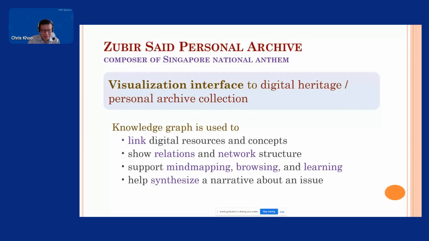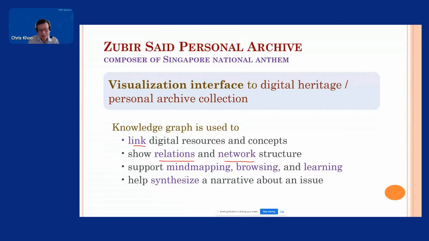So I'm using the visualization not just for visualizing, but as an interface to the database. So the knowledge graph is used to link digital resources that are available in the collection and in the database, show relationships between the digital resources as well as to concepts, show any structural patterns in the network, and this is to support end users.